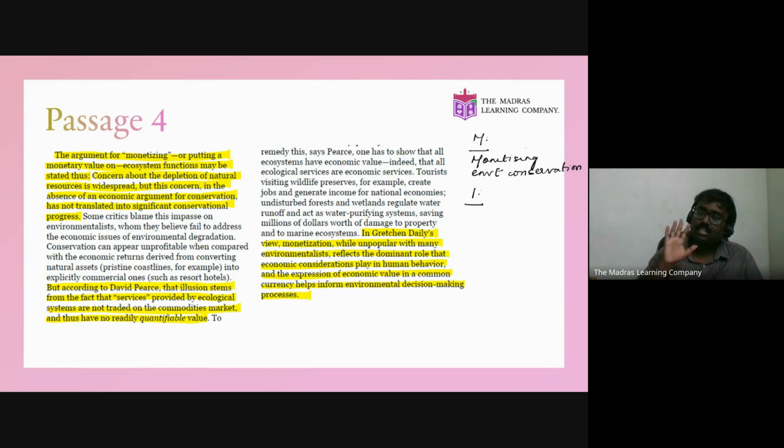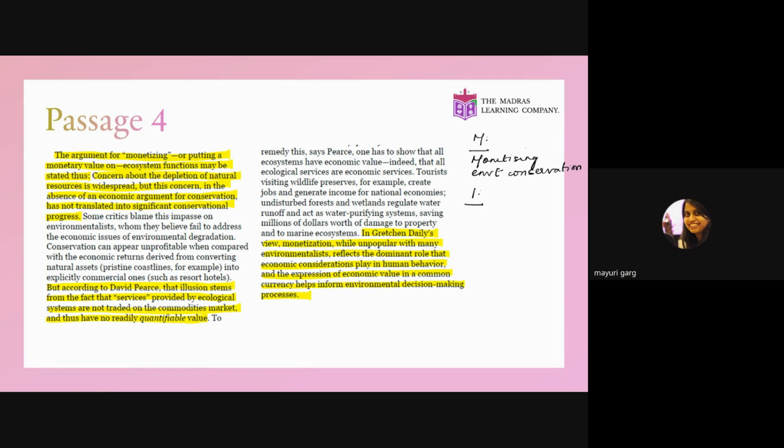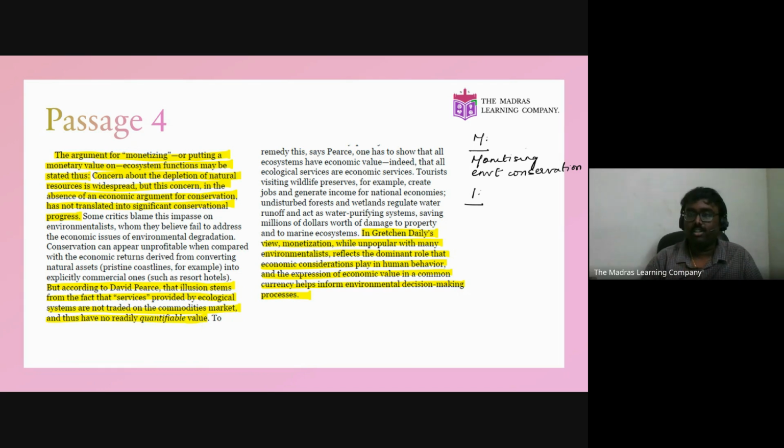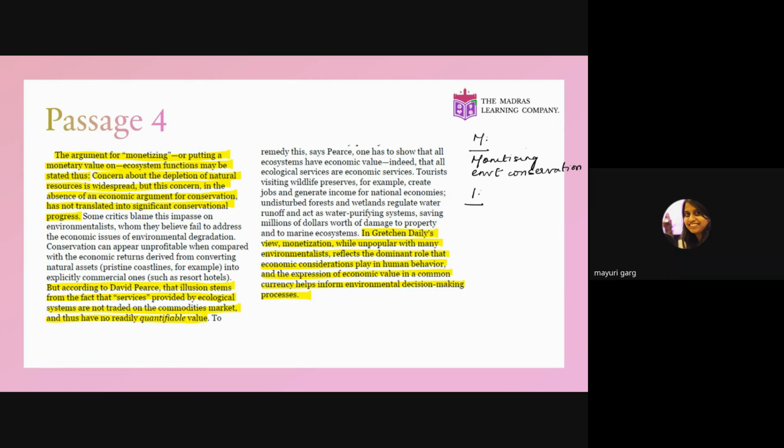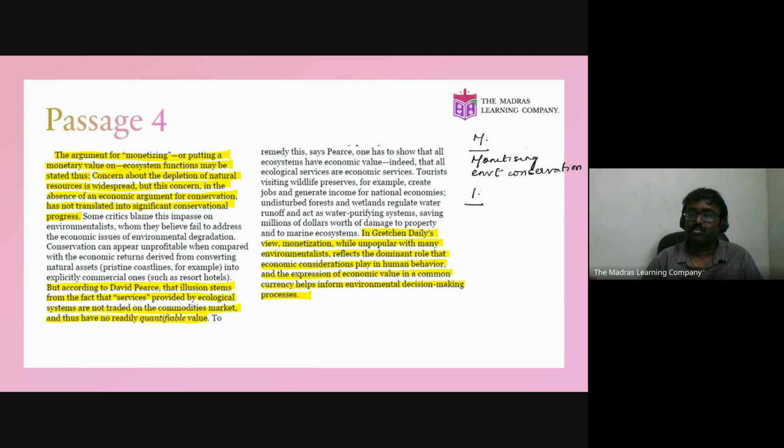Does the passage tell you that there is environmental conservation, and because they're not able to add a monetary value to it, people are not able to understand the impact of it? Is that what the passage is trying to say? Sort of, yes. Then shouldn't that be your issue? Yeah.